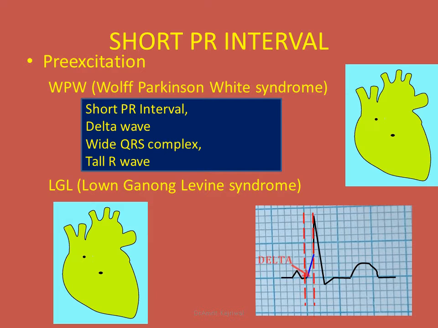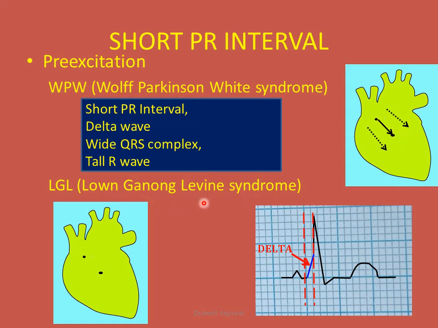So this is the delta wave, and in WPW, as the impulse travels from the SA node to the AV node, there is abnormal conduction from the atria to the ventricles. There are various pathways in which they can conduct, and depending on the ECG, we may also be able to detect which pathway is abnormal.